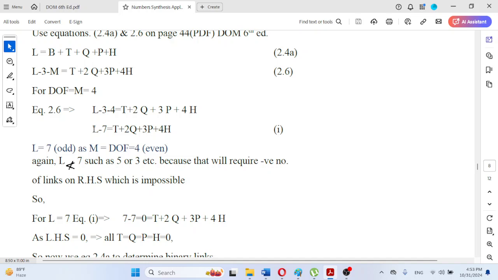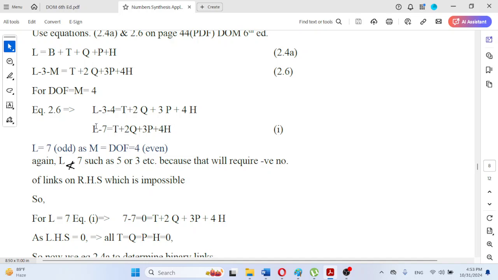Here we can observe that the starting number of links cannot be less than 7. Because DOF is 4, the number of links must be odd, so that can be 5 or 3. If the total number of links is 5, then 5 minus 7 is equal to minus 2. That means the sum of these links would be a negative number, which is impossible practically or physically.